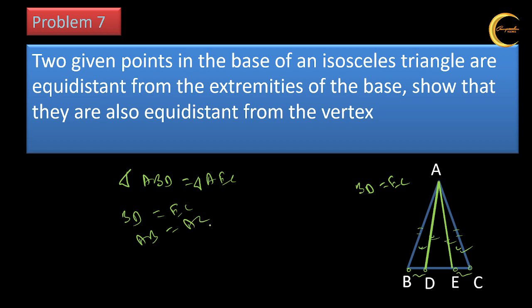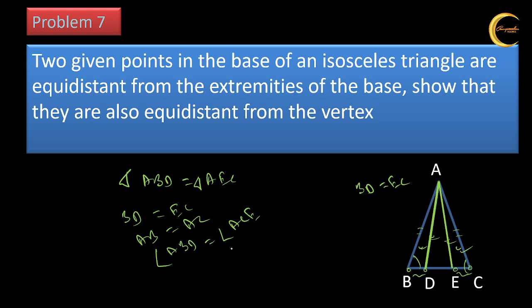And again, this is an isosceles triangle, so these two angles, angle ABD, or ABC, equals angle ACB. So angle ABD equals angle ACE. So two sides are equal and one angle is equal for both triangles.